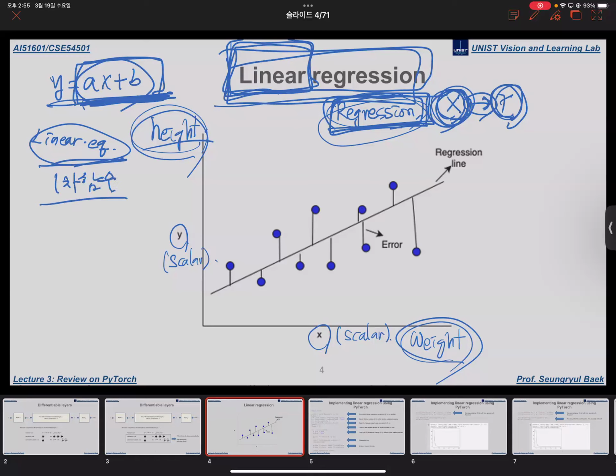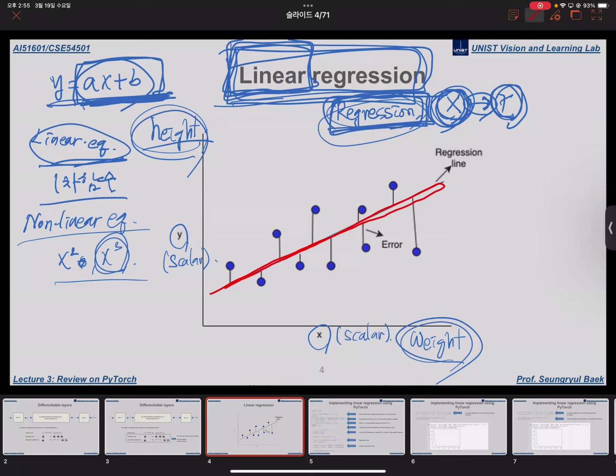So linear means that, okay? And a nonlinear equation means x squared or so. If the power of x is larger than 2, then it is called a nonlinear equation. Okay. Anyways, linear regression assumes that the relationship between x and y lies on a linear straight line.